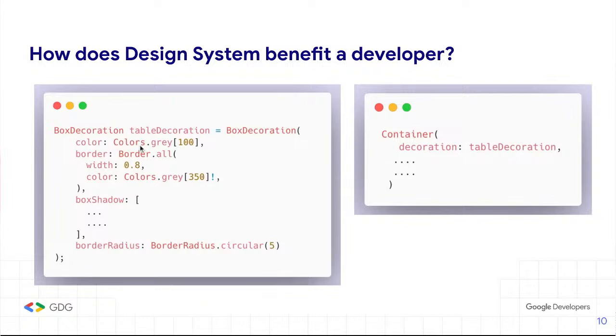But always remember that when you have colors.gray of 100 in one variable, do not change that variable if you don't want the change to be affected here. So always have dedicated values for them. And also the box shadow here. If you're using the same box shadow in multiple places, just have a box shadow constant, and you can use it here.